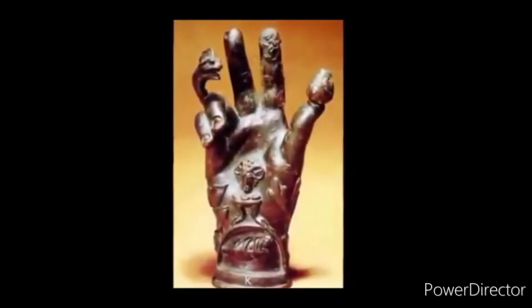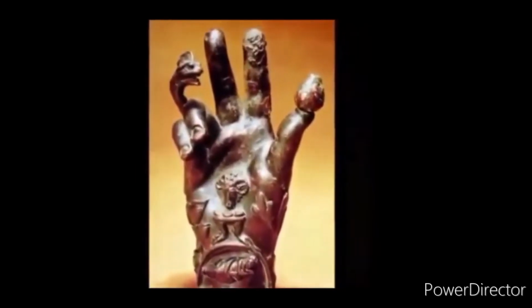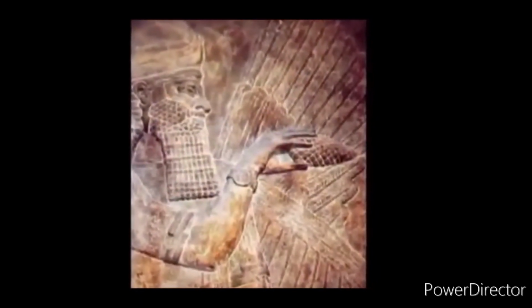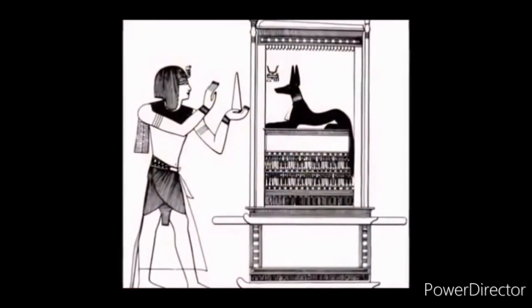The pine cone is found in many ancient works of art. Even here, an ancient Roman bronze statue shows the thumb with a pine cone on it. The pine cone is shown in early Mesopotamian and Egyptian hieroglyphics.